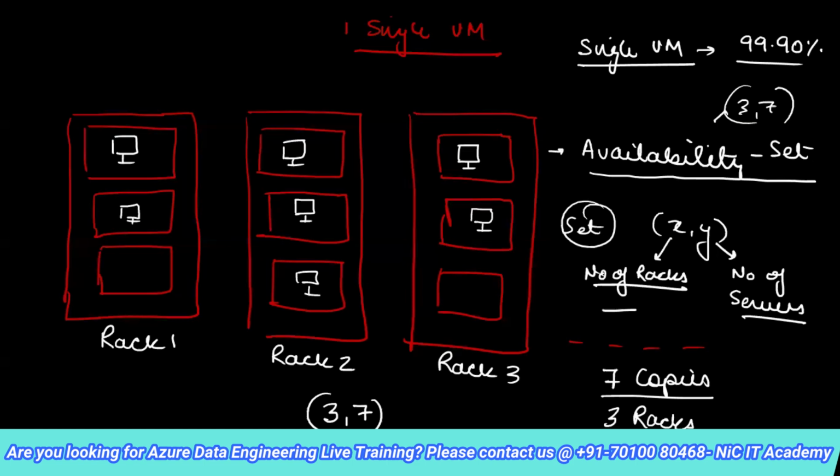Now, within a data center, all of you may have heard about data centers. Within a data center, how many racks do you think are there in general? Can you guess? So there will be hundreds of racks, right? If it's a very big data center, there will be thousands of racks also, correct?